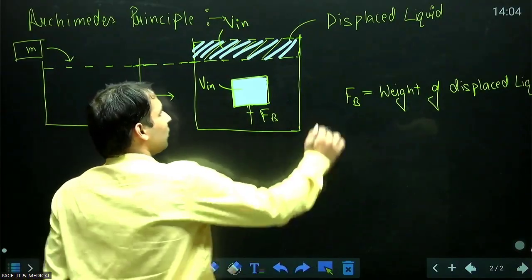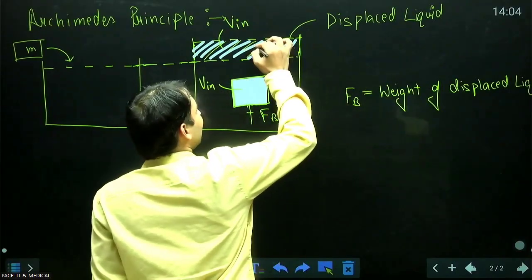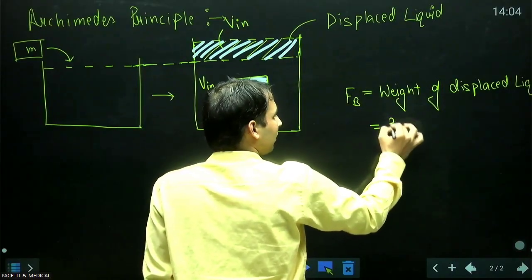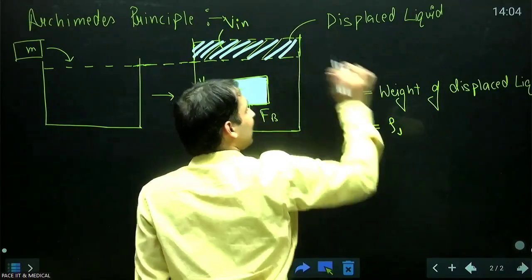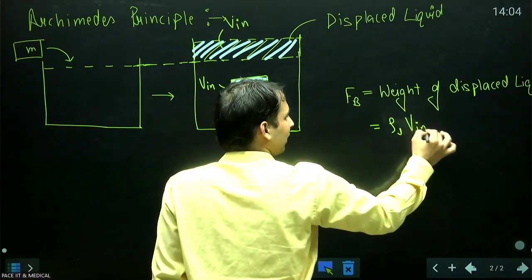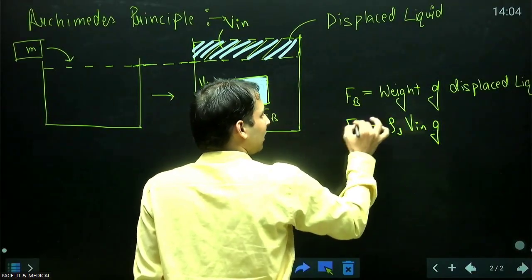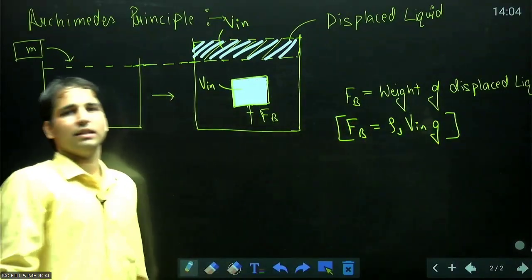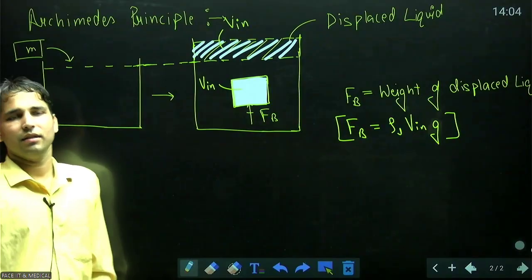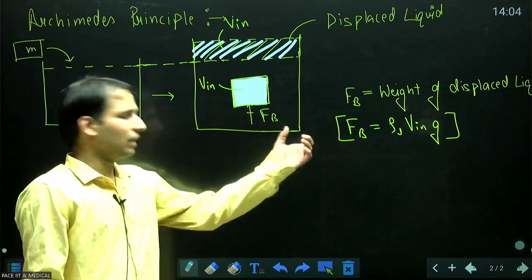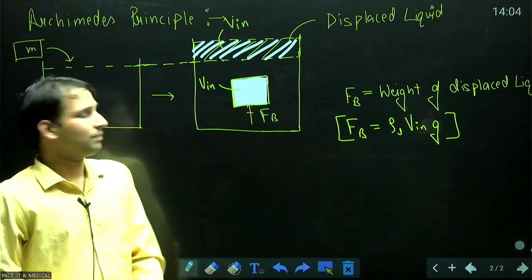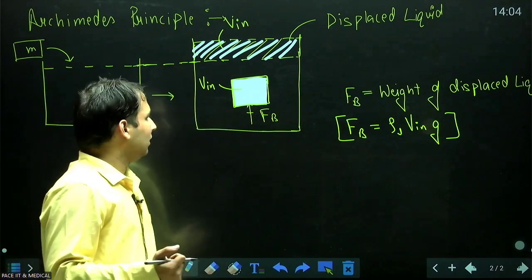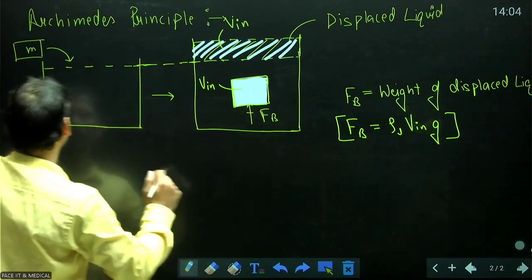So now we can write the weight as the density of liquid, rho L, times the volume displaced, which is the volume inside immersed, times g. This will be the buoyant force, as we have calculated in the previous slide, right? Now let's do some numericals on this.